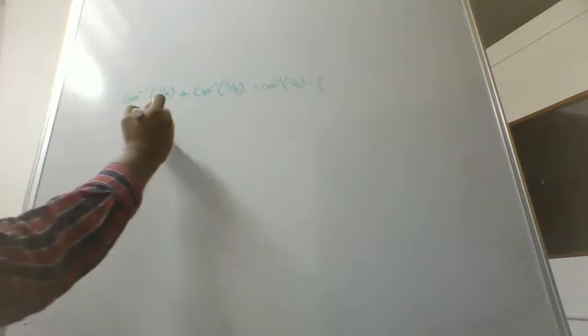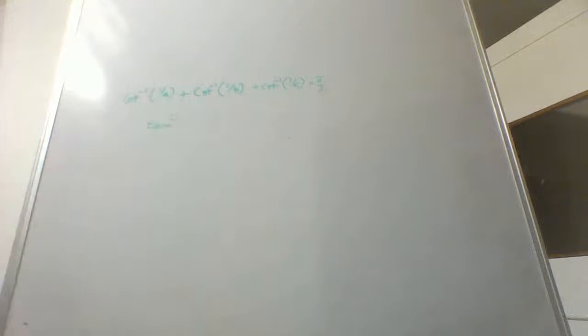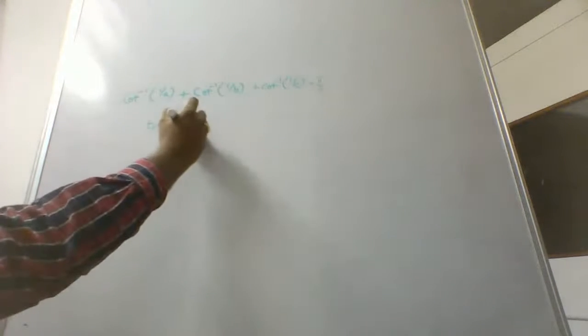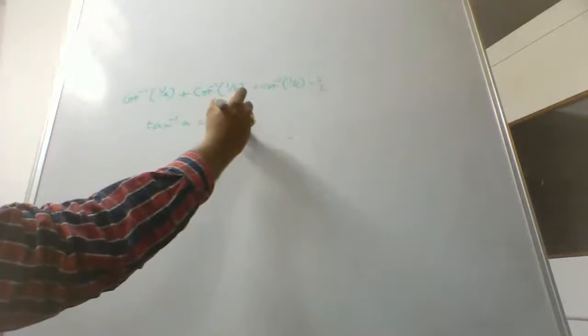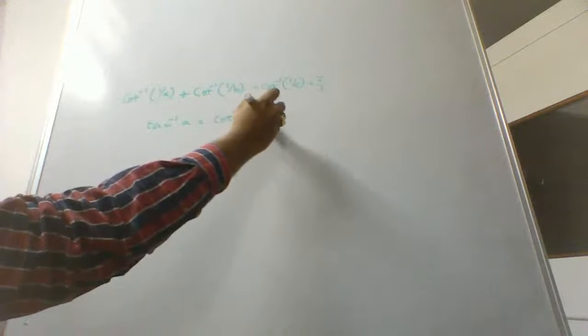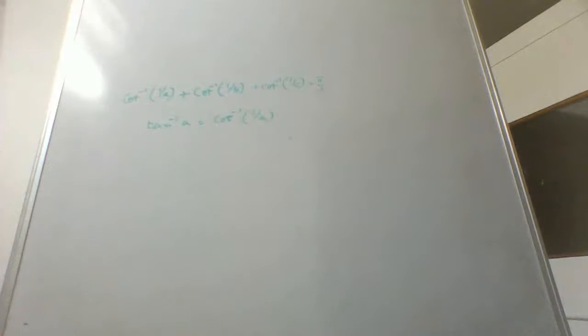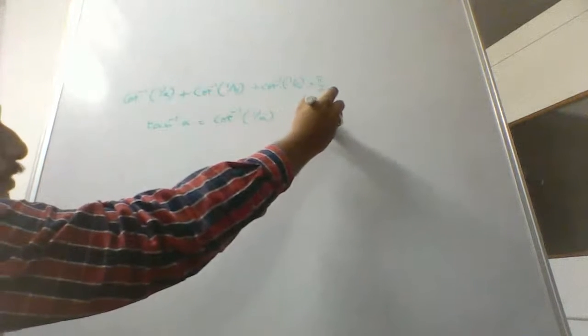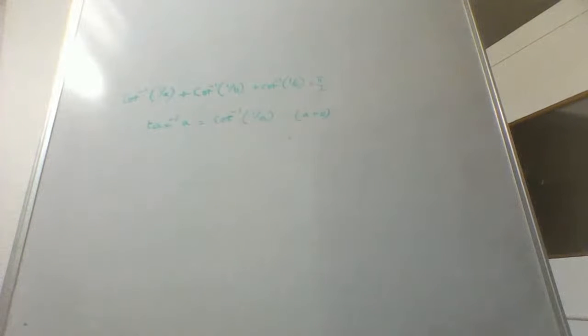Now tan inverse of a will be cot inverse of 1 by a, for a greater than 0.